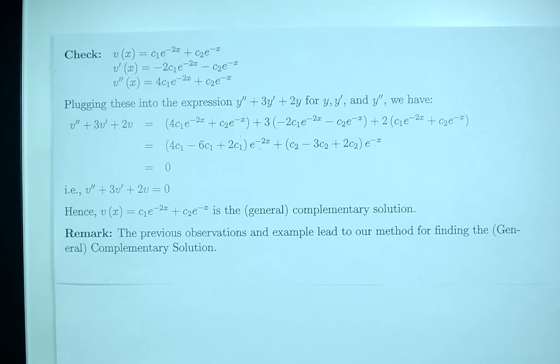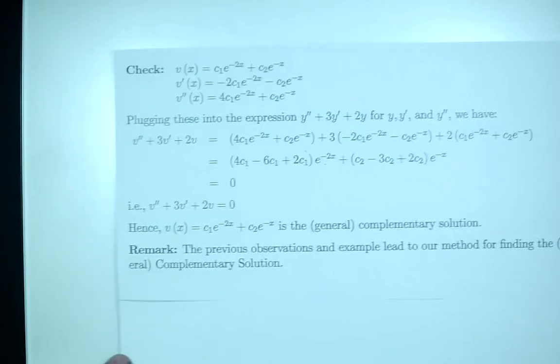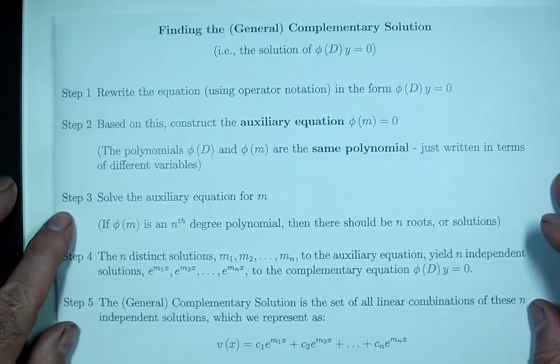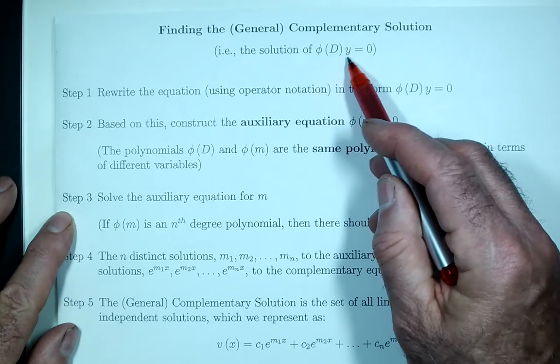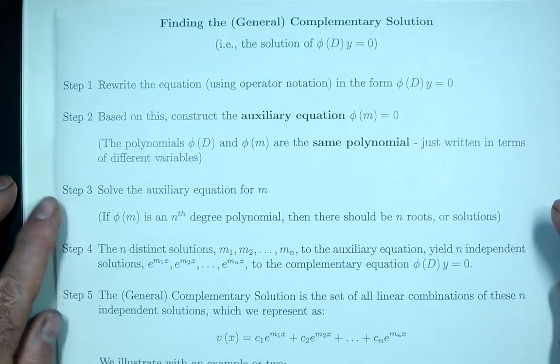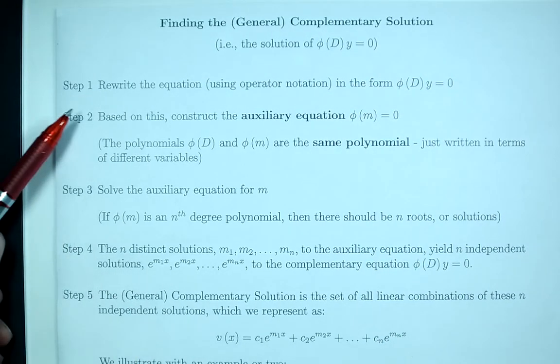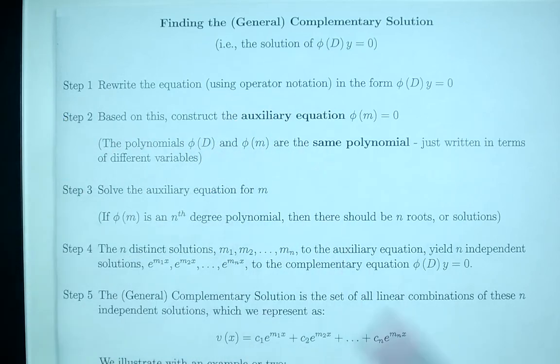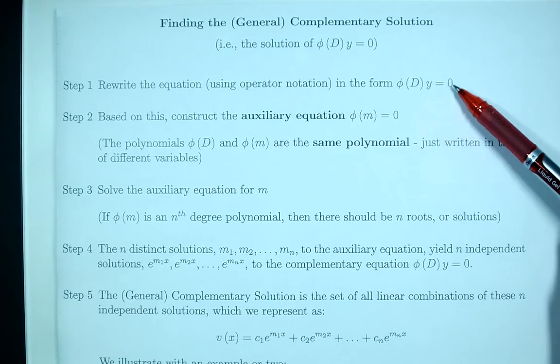Now, the previous observations and example lead us to a method for finding the general complementary solution, the solution of phi of D y equals 0. First step, rewrite the equation using operator notation in the form phi of D y equals 0.